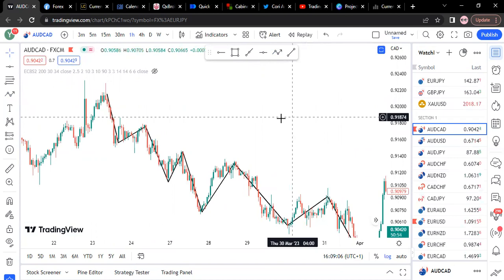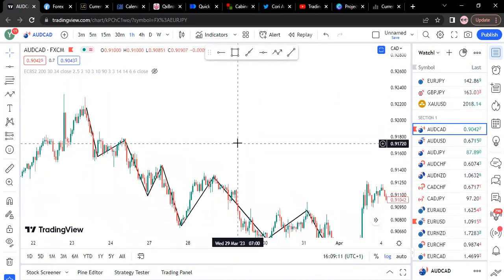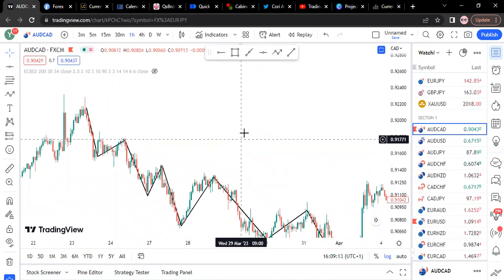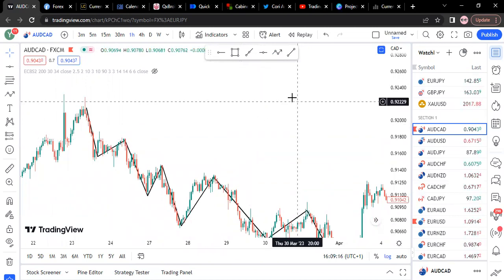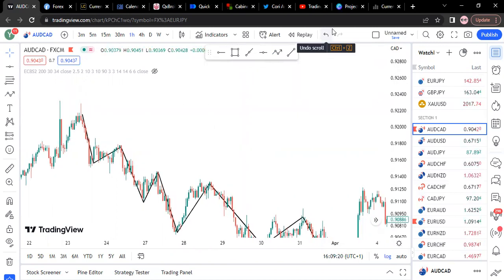And then as I said earlier, every trending market, or let's just nosedive into the concept of support and resistance. What is support and resistance? Support and resistance are areas in the market where price is likely to react.